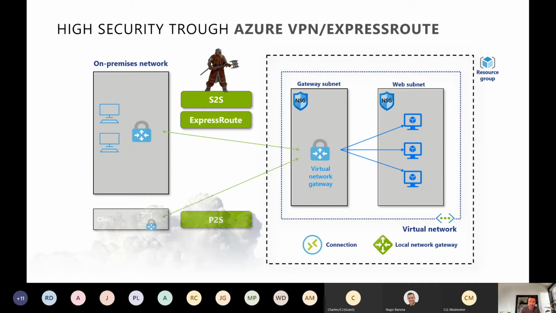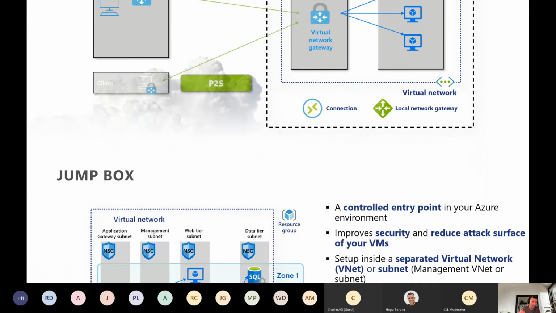With a point-to-site VPN, you can use certificate-based authentication or RADIUS, but you also have the option to use the OpenVPN protocol and even use Azure Active Directory authentication instead of using a self-signed certificate.